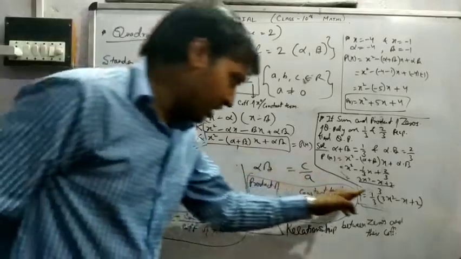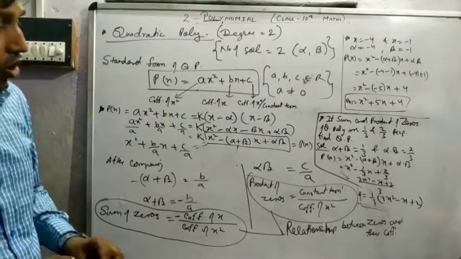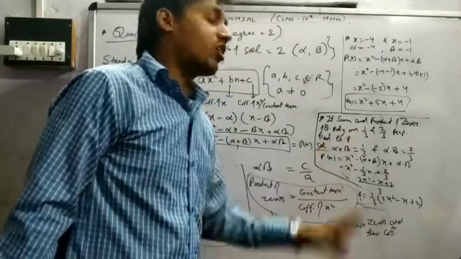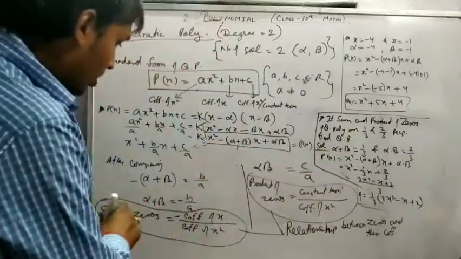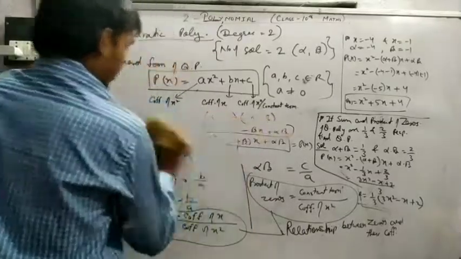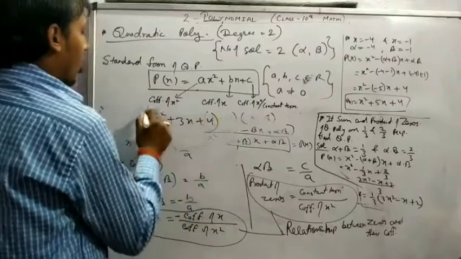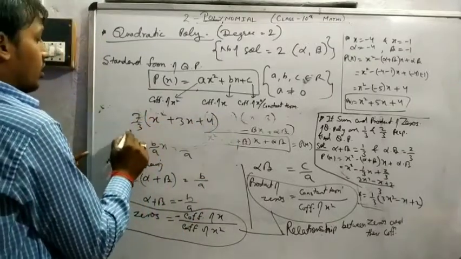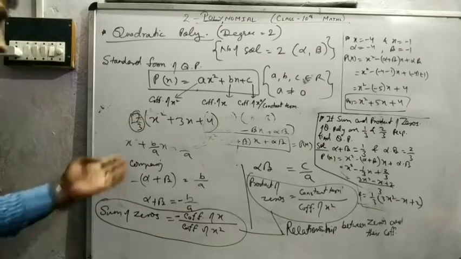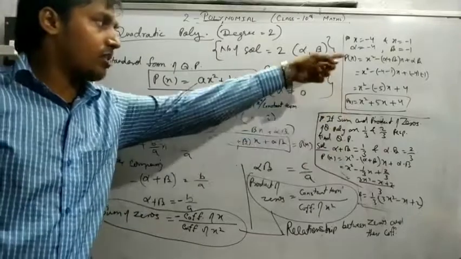You can write 1 by 3 or leave it, both are the same, because it can't affect the zeros of the quadratic polynomial. It doesn't matter what is written here. Okay, pause the video and note down both examples, very important.